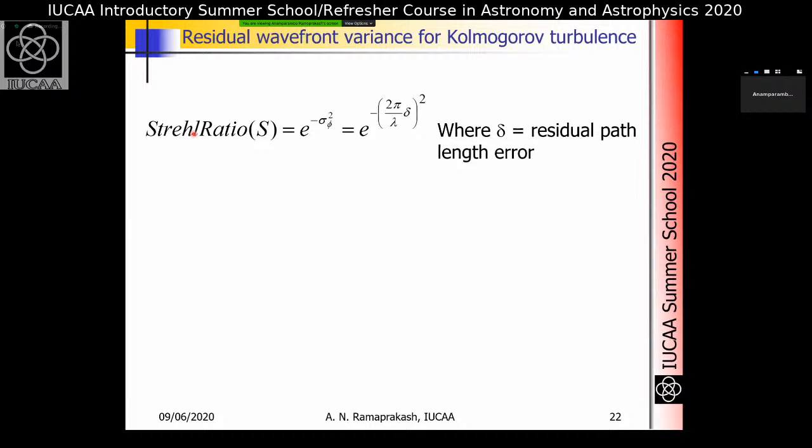Now, any distortion which is introduced can always be broken down into modes for analysis. For example, any wave shape you can decompose into its Fourier components. You call them modes.